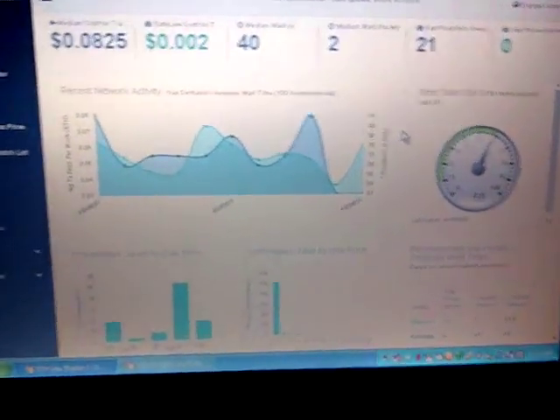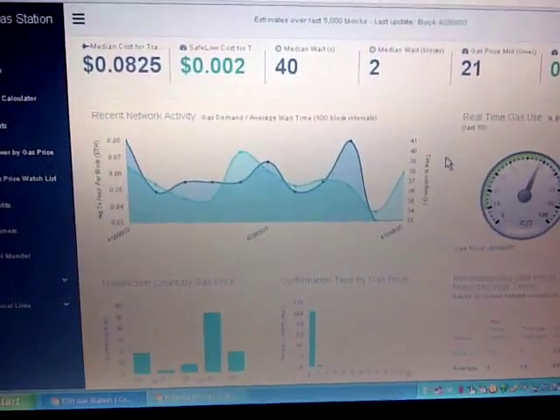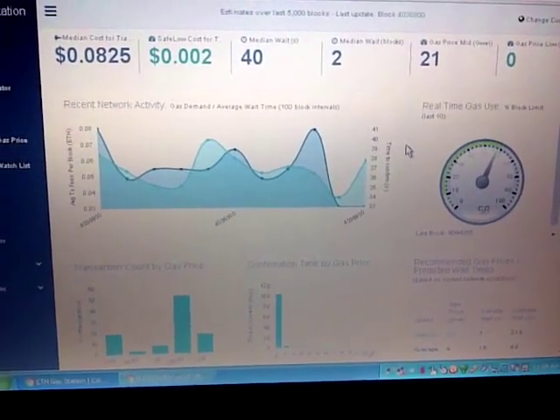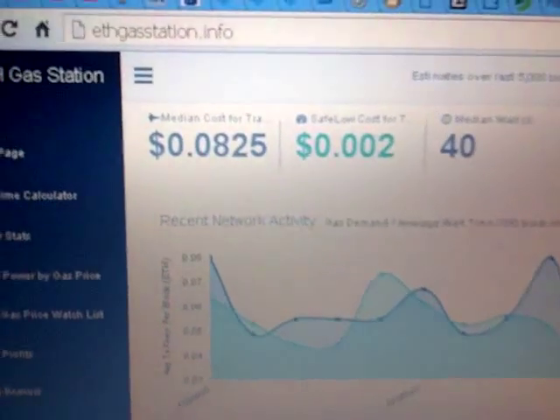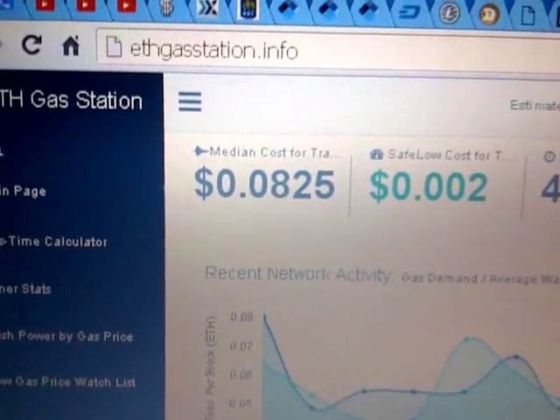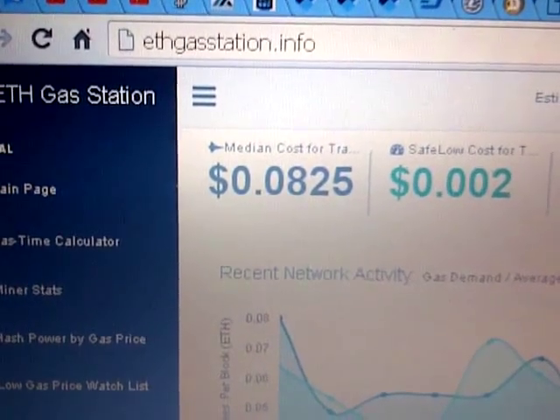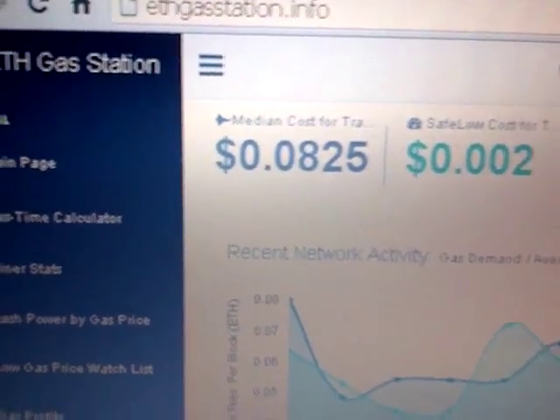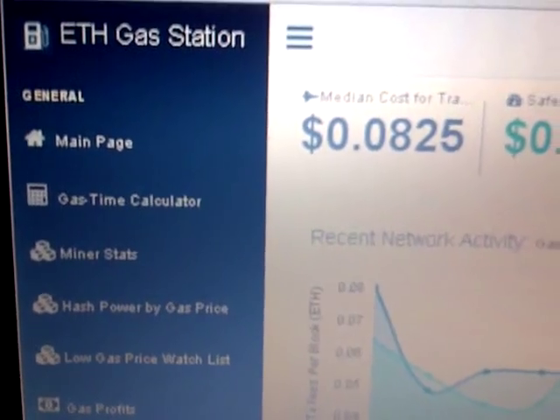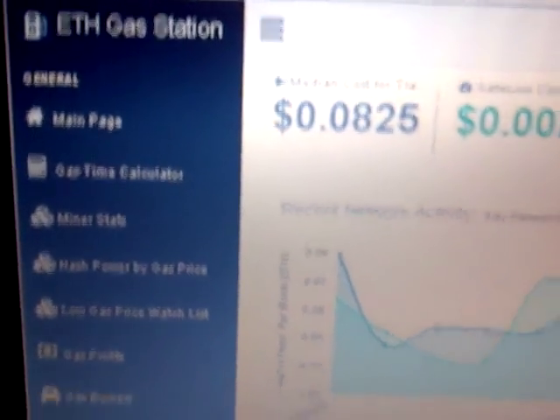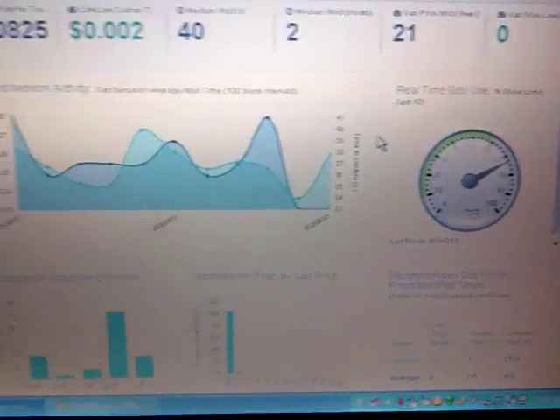And this is where this website comes in. In this episode, I'm going to try to show you how to figure out the lowest transaction fee possible. If you go to ETH Gas Station info, ETH Gas Station is the name of the website. You get a lot of information here.